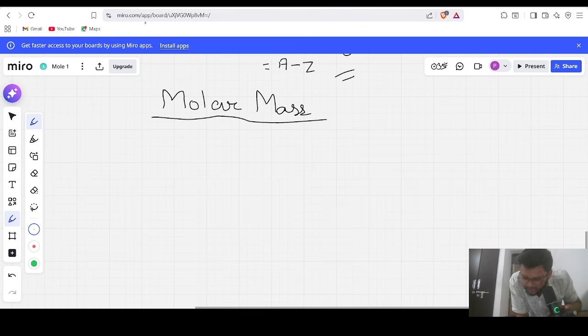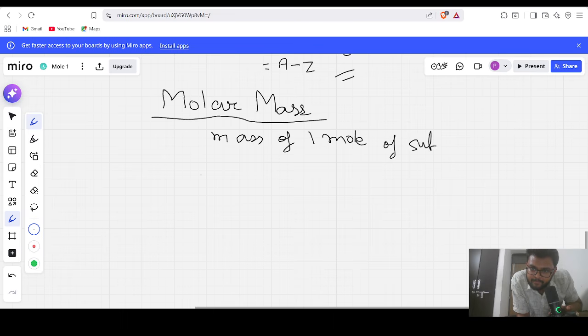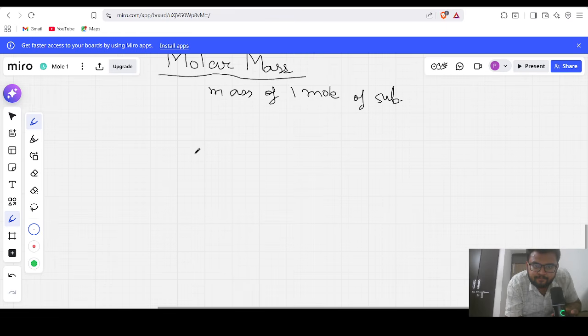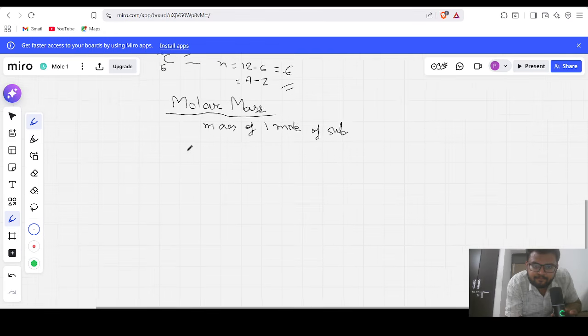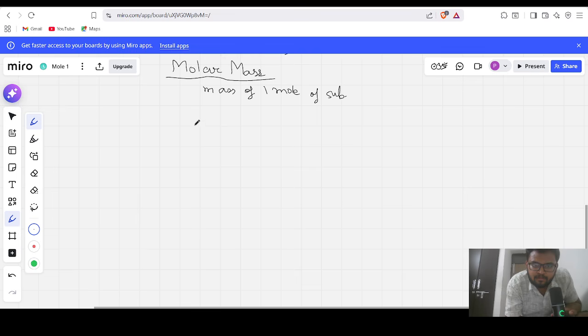Molar mass is nothing but the mass of one mole of a substance.